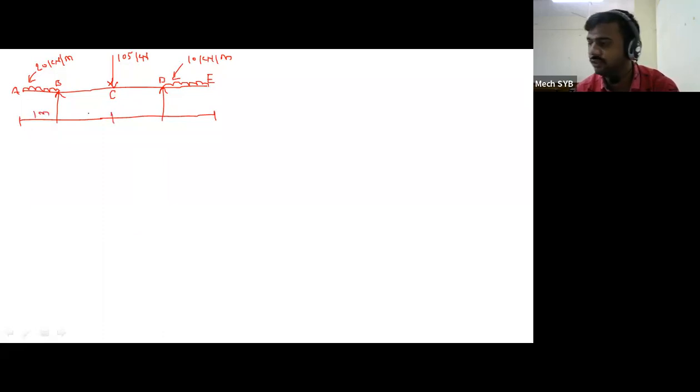Then the BC distance is 2 meter. This is 1.5 meter, and the last one is also 1 meter.